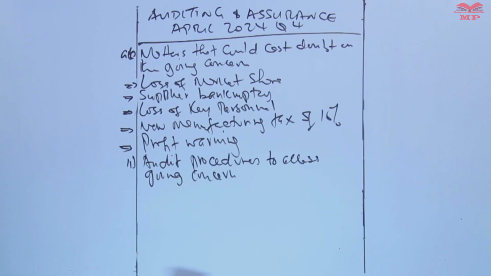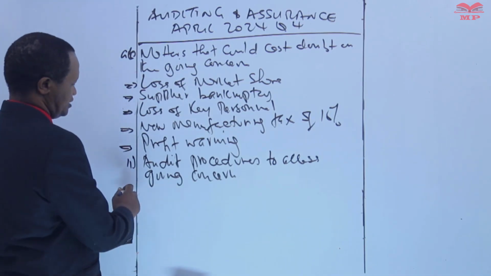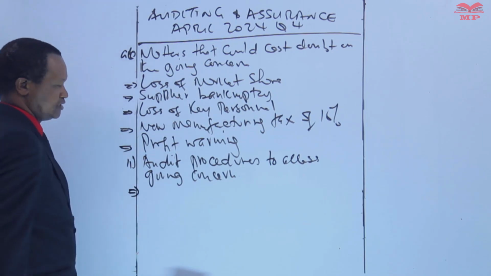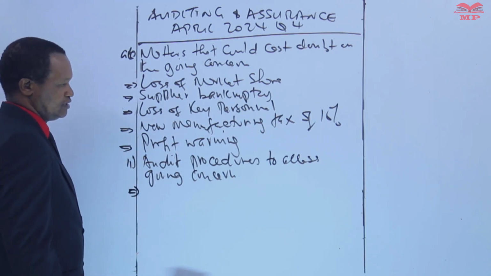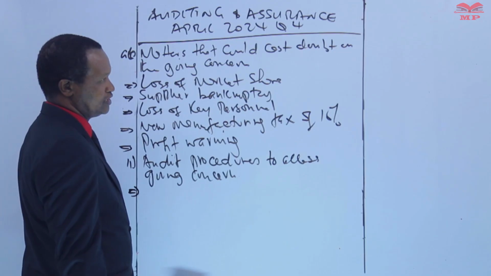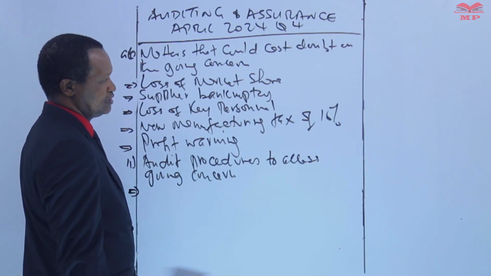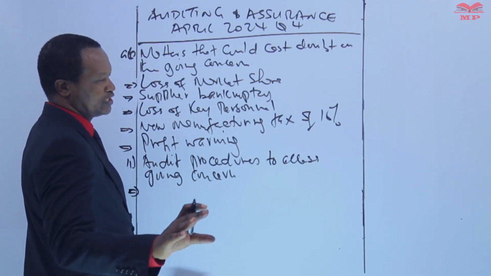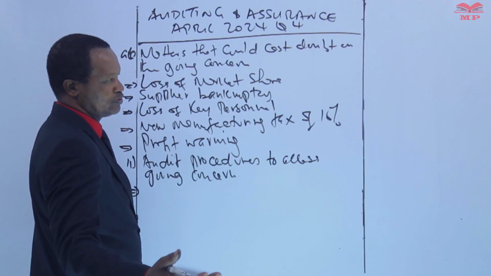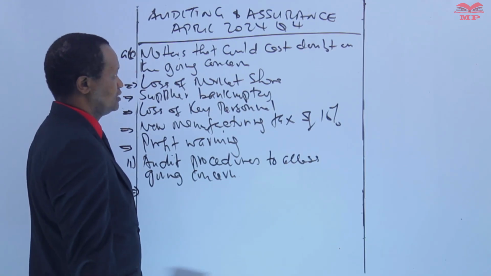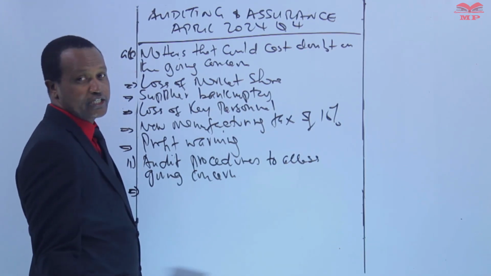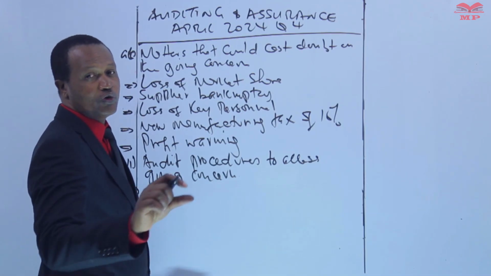I've heard you say review of cash flow statements, and in analyzing the cash flow statements, even before looking at the actual cash statements, as an auditor, you can also check the cash flow forecast.